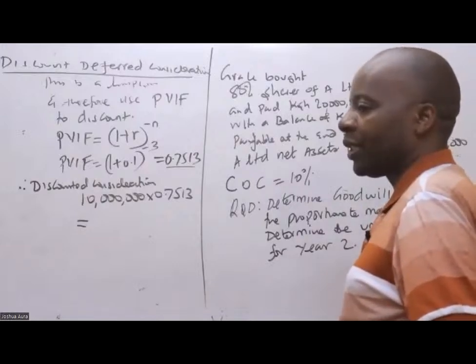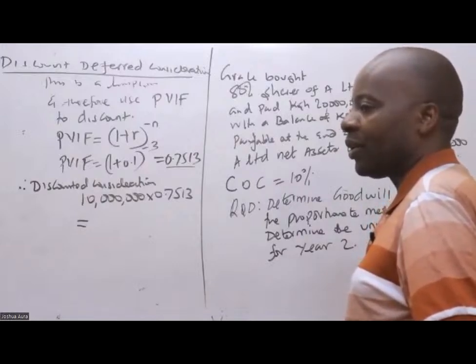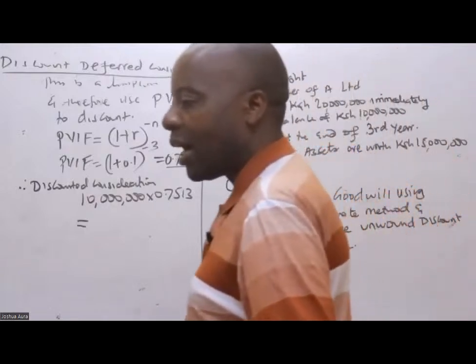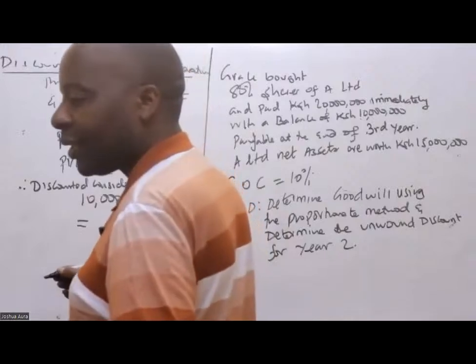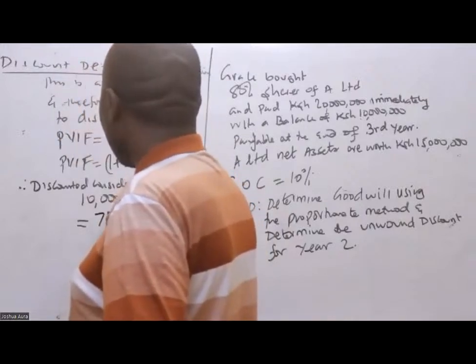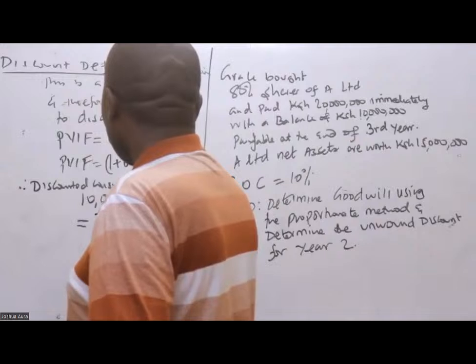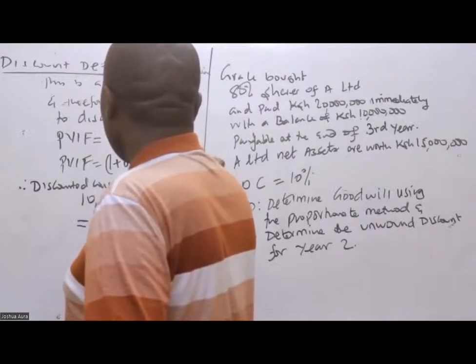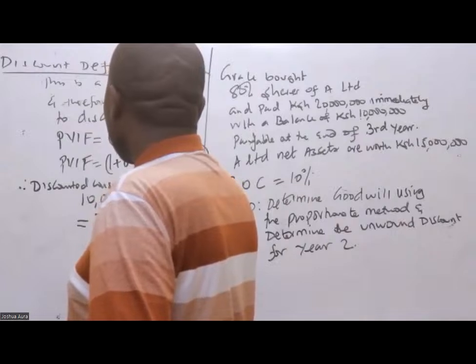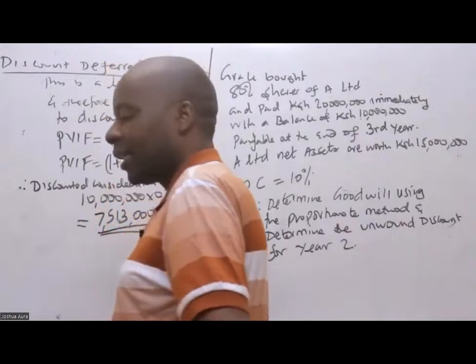According to Mona, we have 7,513, so 7,513,000.